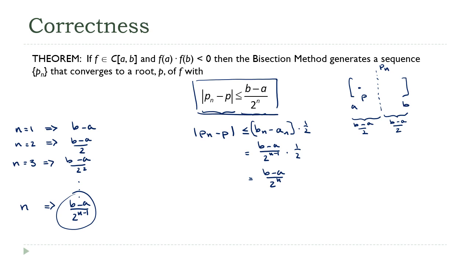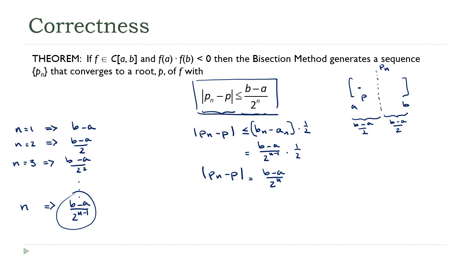What does that say about convergence? Well, if you go back to your second semester calculus class, where you spent an awful lot of time talking about sequences and convergence, and you may have more than once asked yourself what does this have to do with anything? Well, this is where it has to do with something.